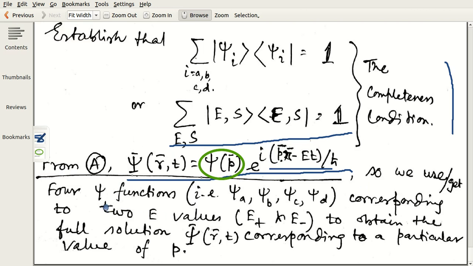We have 4 psi functions, A, B, C and D, corresponding to 2 energy values E plus and E minus, to obtain the full solution corresponding to a particular value of P. That means if P changes, the nature or form of the solution will change. But we again repeat that of the 4 solutions, some correspond to positive energy values as well as negative energy values, which has very important consequence.